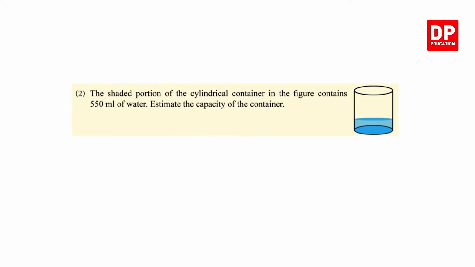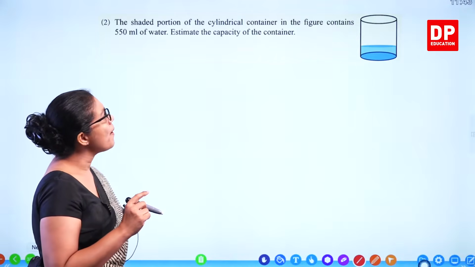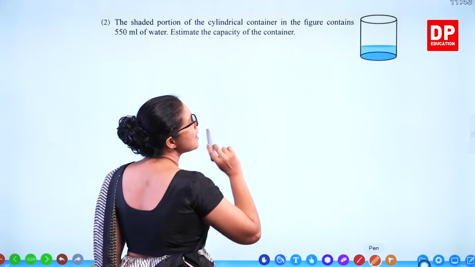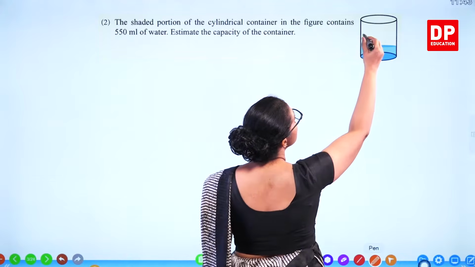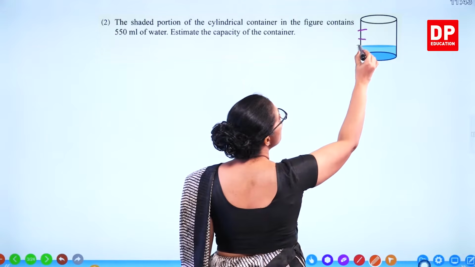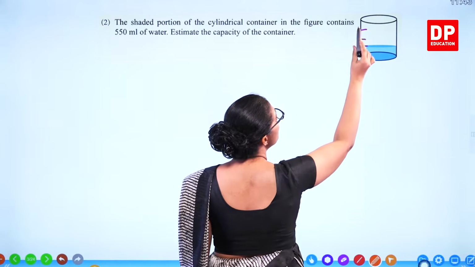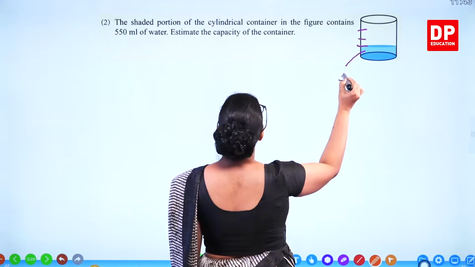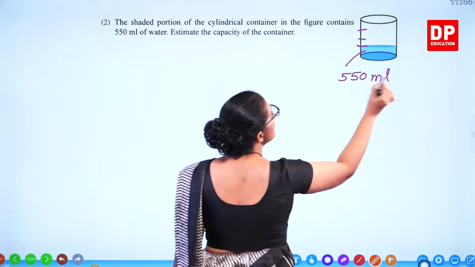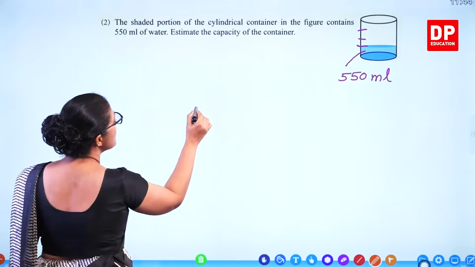Question number 2. The shaded portion of the cylindrical container in the figure contains 550 milliliters of water. Estimate the capacity of the container. How can we estimate? Now see how many parts are like this. We can see 4 parts like this: 1, 2, 3, 4. Each part is 550 milliliters. So what's the capacity of this container?